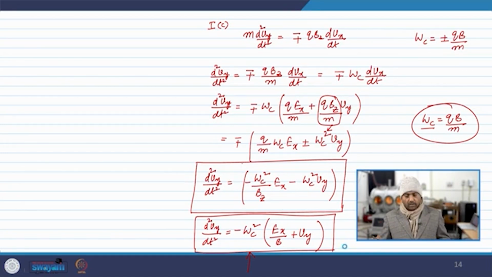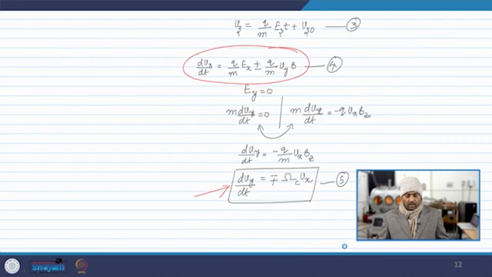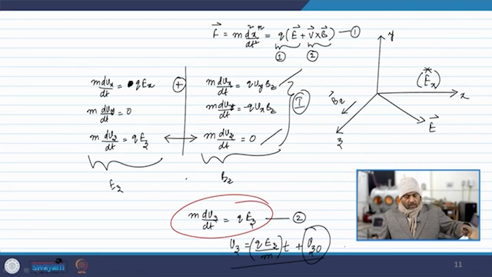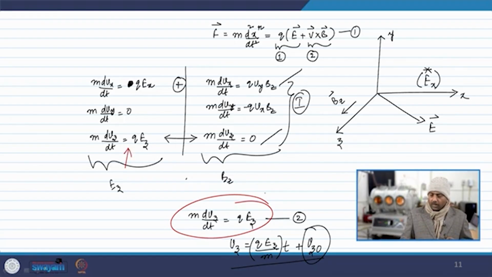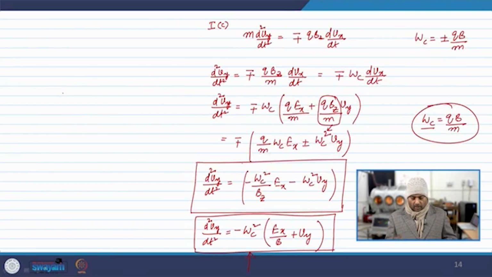What it means, for you to understand that, we have to go back to the preliminary equations. So, along the x direction, see along the z direction it is only electric field which is acting, and along the y direction it is only the magnetic field which is acting, but along the z direction you have the net acceleration dependent on the magnitude of electric field and the magnetic field. So, that is why in your equation on the right hand side you have both.